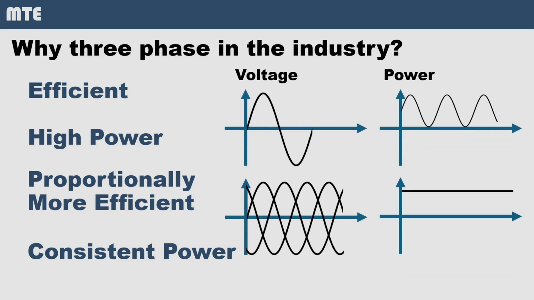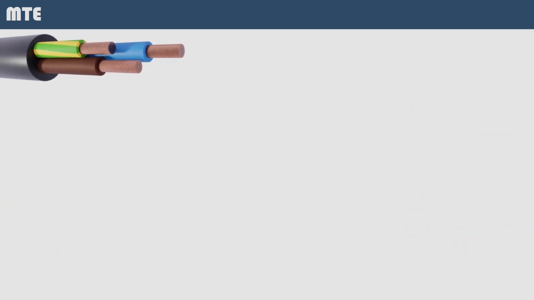This overlapping ensures a continuous and stable flow of power, which is crucial for sensitive or high-demand equipment. For example, industrial pumps, conveyor belts, or heavy-duty machinery depend on the steady and reliable power provided by a three-phase system.